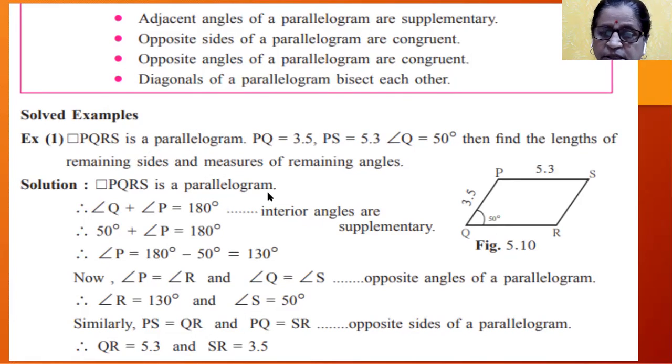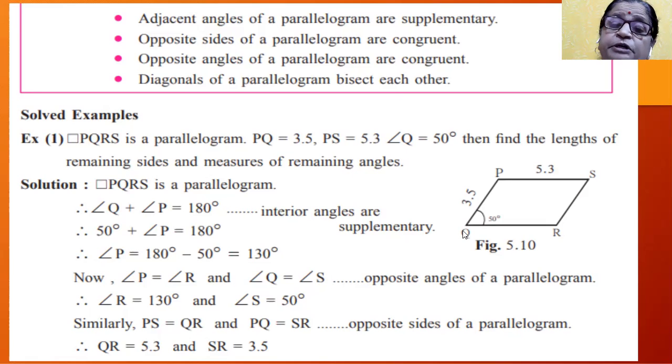One example is given. PQRS is a parallelogram. PQ is equal to 3.5 centimeters, PS is equal to 5.3 centimeters, and angle Q is equal to 50 degrees. Then find the length of the remaining sides and measure the remaining angles.